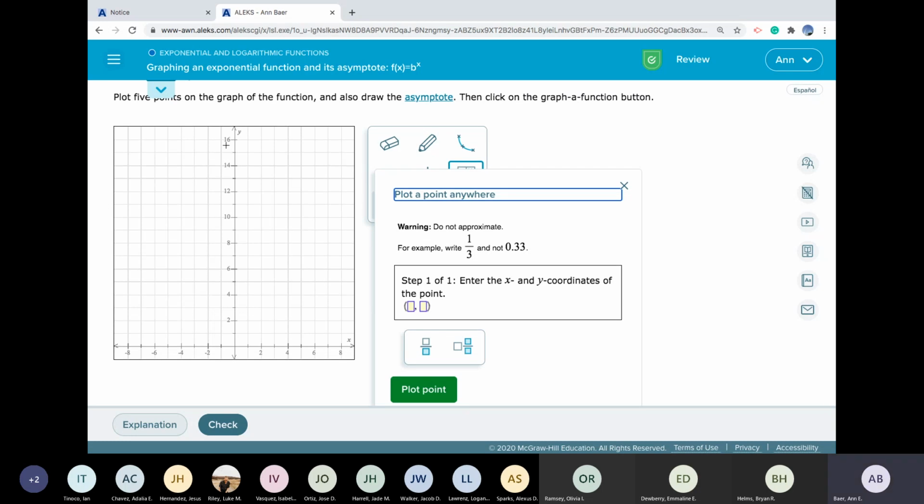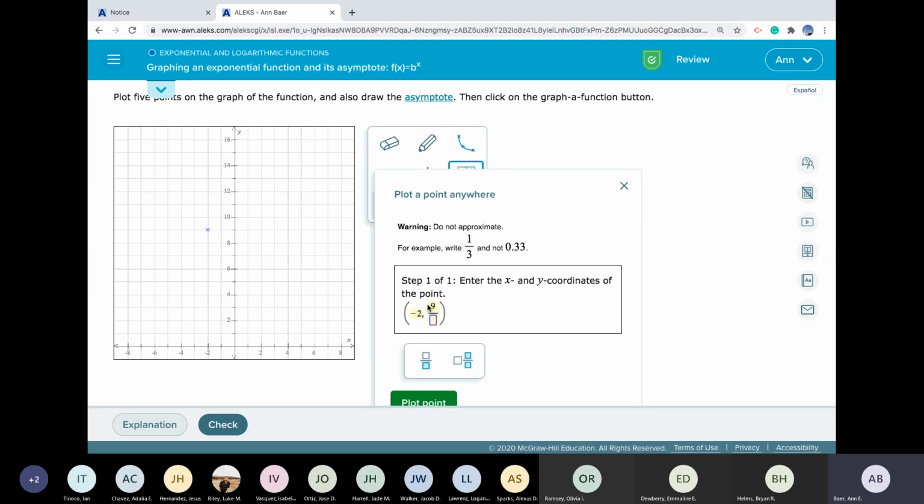So let's take a look here. I'll point something out in a moment, but let me put in the first one. -2, 9/64. Checking to make sure it's correct. Correctly entered. Plot point.